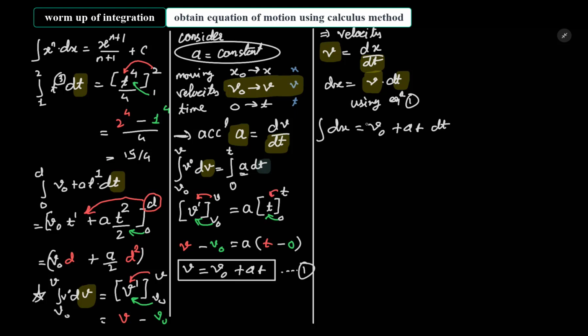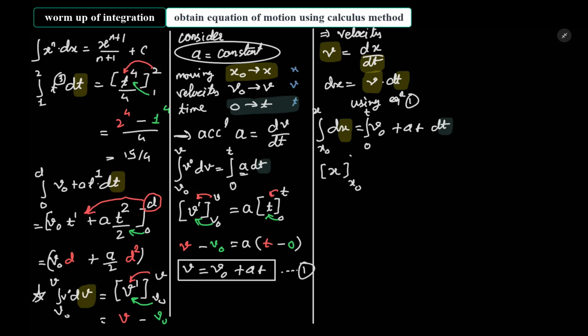Now we are ready for integration. On the left hand side, your variable is x, so we have to use the limit of x, which is from x0 to x. And on the right side, the variable is t, so let's use the limit of t. On the left side, integration of dx will be x.